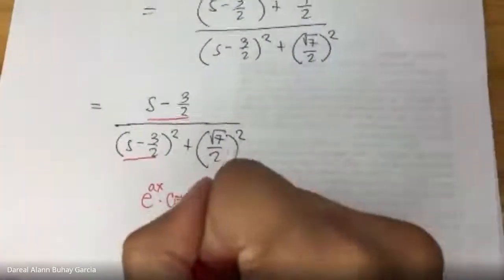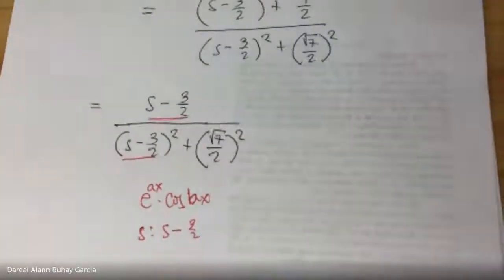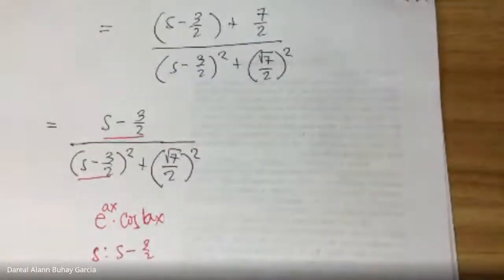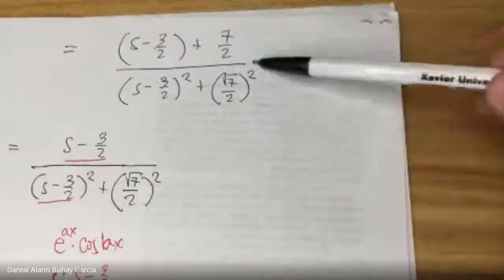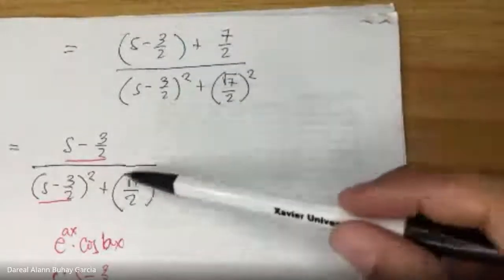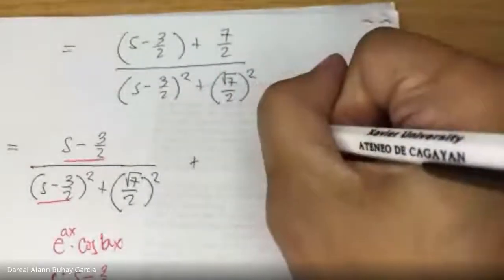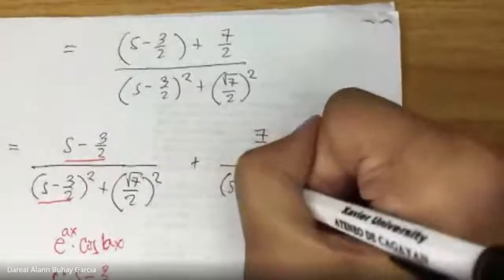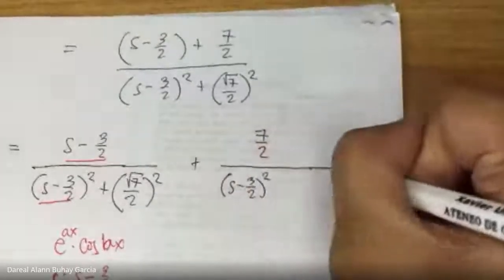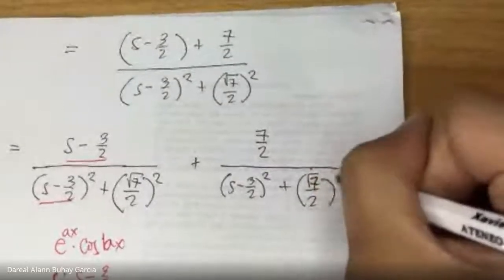Later na to i-transform yun. So, ibulag na to. Ang kani nga part, plus 7 halves over S minus 3 halves squared plus square root of 7 over 2 squared.